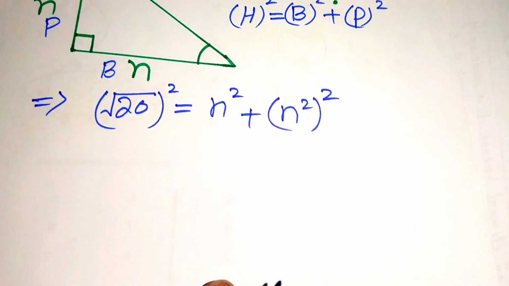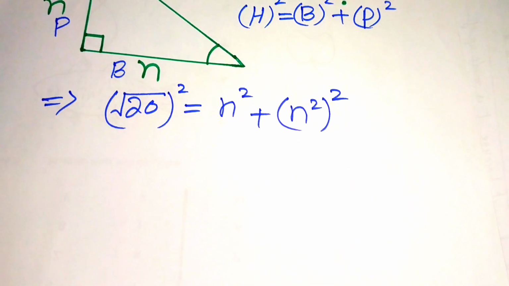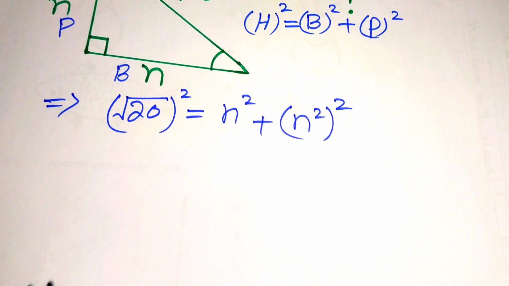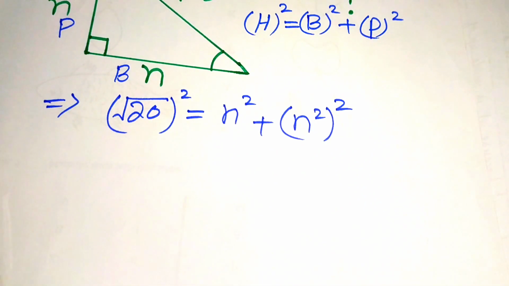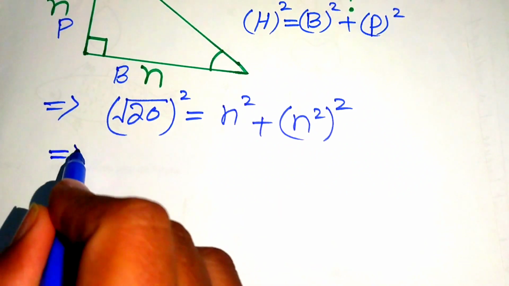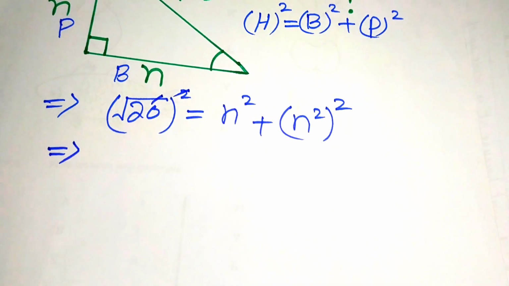Now we simplify this and find the value of n. But remember that n and n square are the side lengths of the right triangle. Now we simplify this equation, and you see that the square and square root cancel each other.